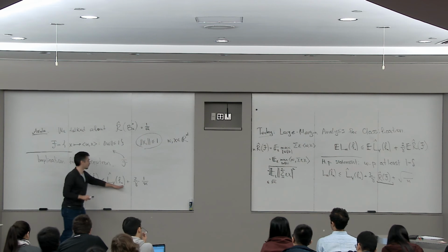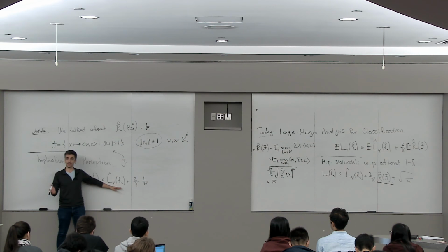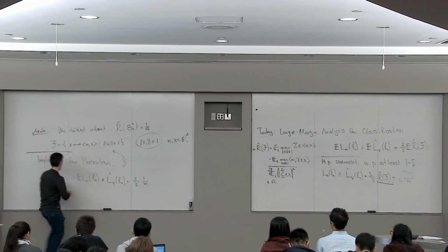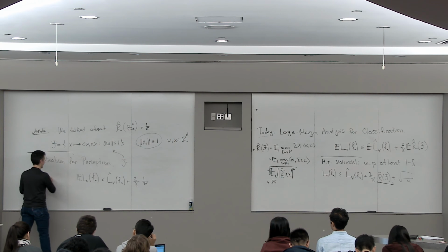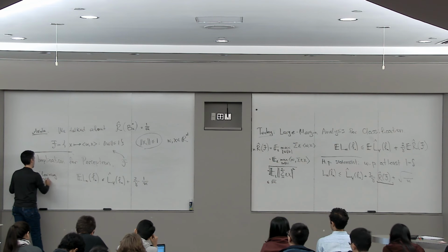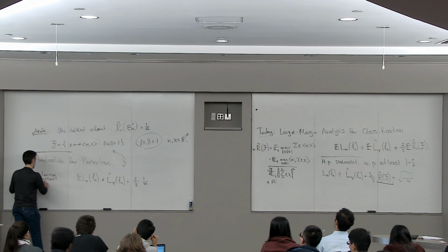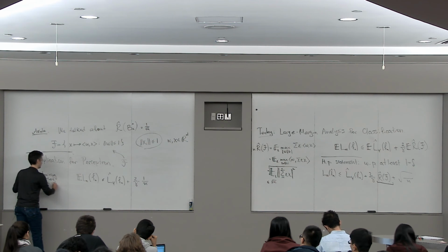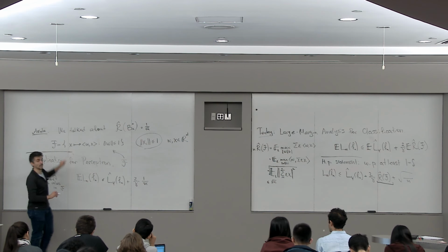If I have a hyperplane that completely separates the data, by the way, this will hold for any learning method with values in F, which is this class.